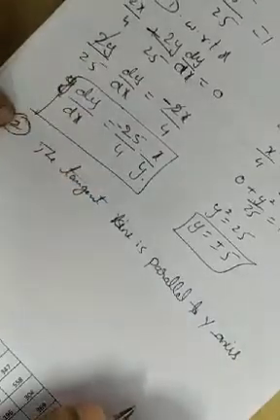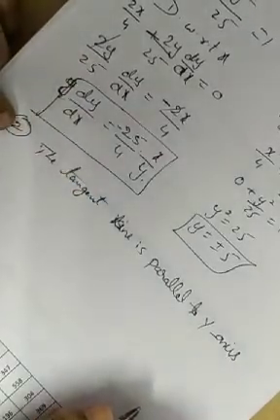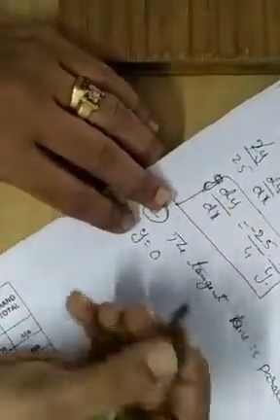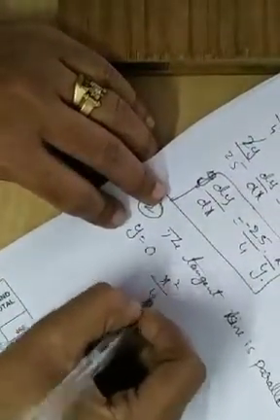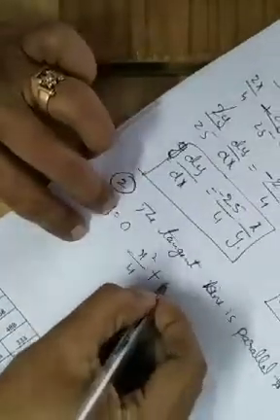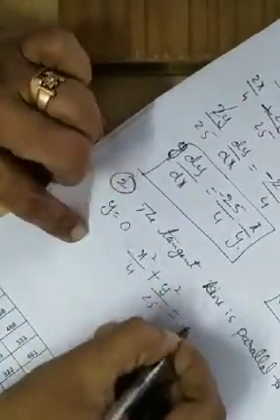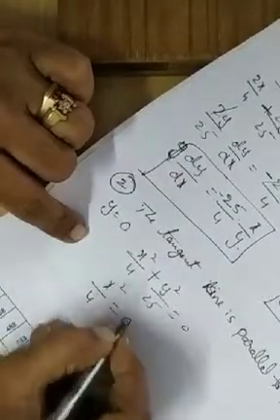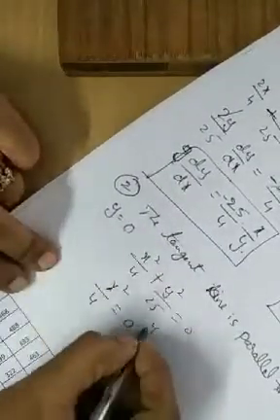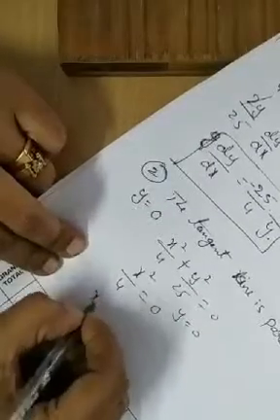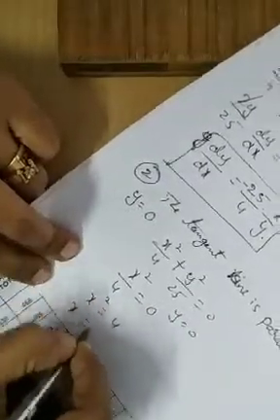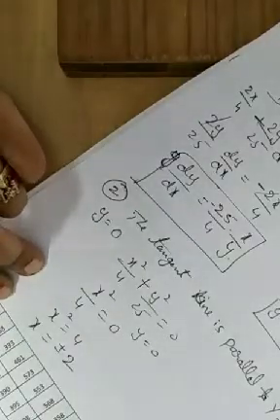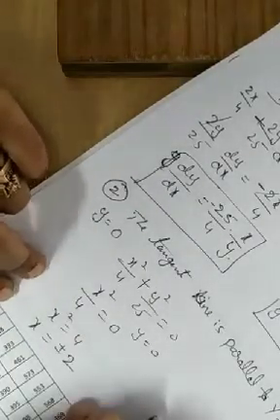If it is parallel to y-axis, then y is equal to 0, so that it becomes x square by 4 plus y square by 25 is equal to 1. When y is equal to 0, x square is equal to 4. X is equal to plus or minus 2.